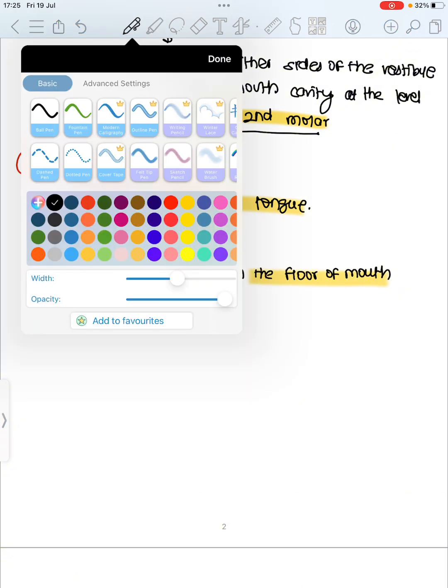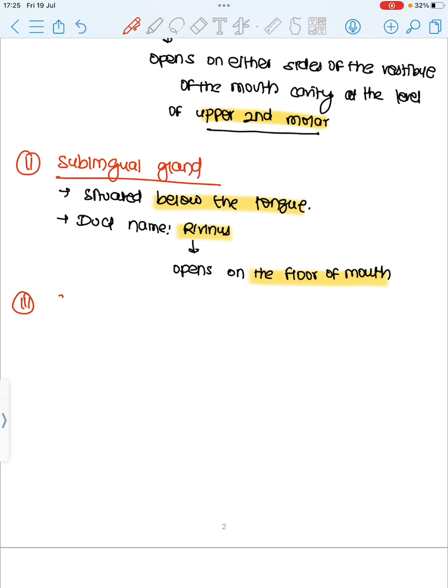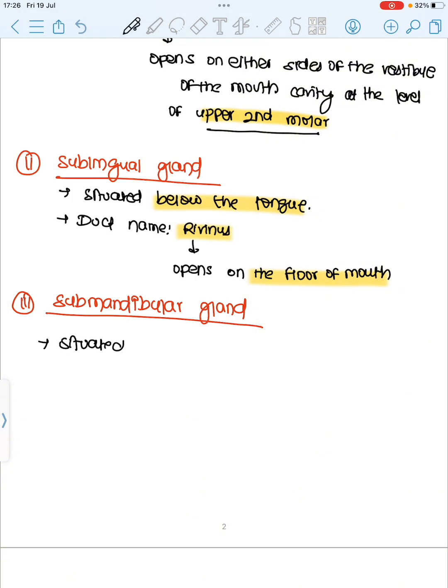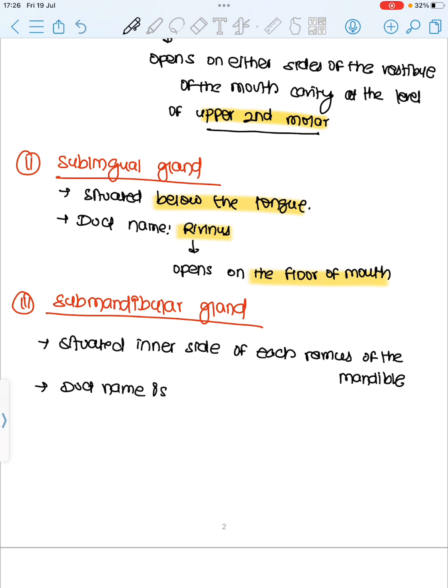Now let's come to the third one, that is submandibular gland. Submandibular gland is situated on the inner side of each ramus of the mandible, and duct name is Wharton duct.